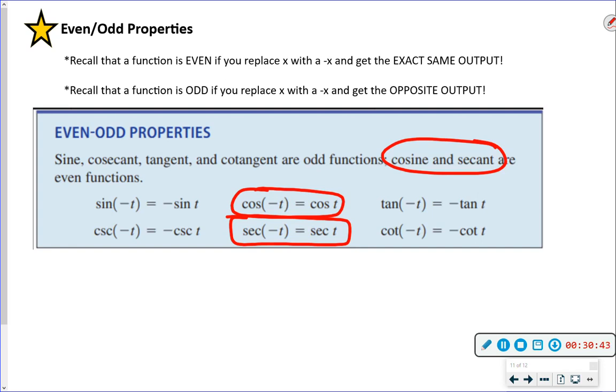So I look through the 6 of them and ask, where's cosine, where's secant? It's just the exact same original function, with no negatives on them. The rest of them I just remember are odd, so the opposite. I have to throw a negative in the front of all of those, and then write down the trig function.